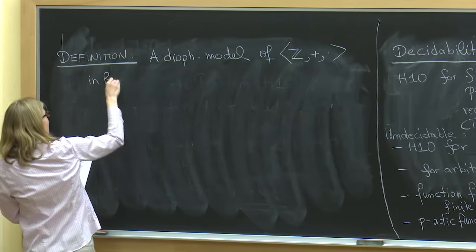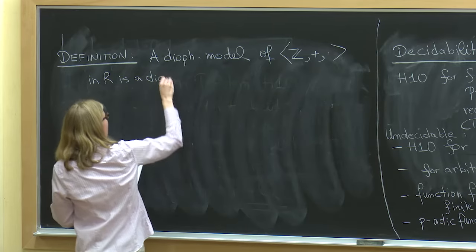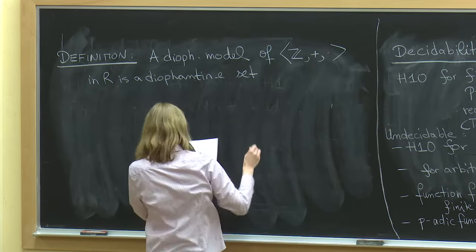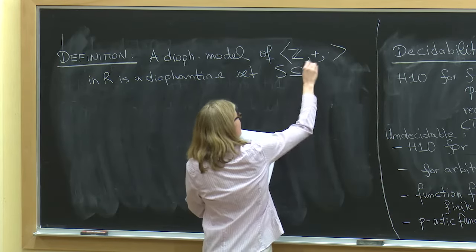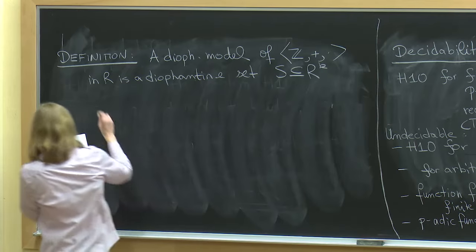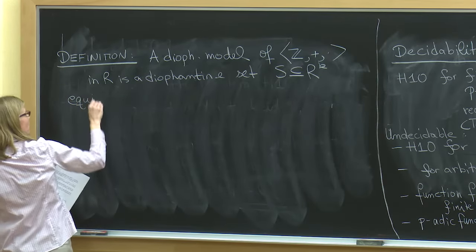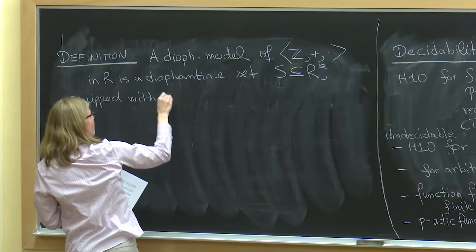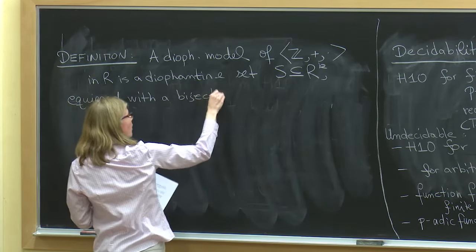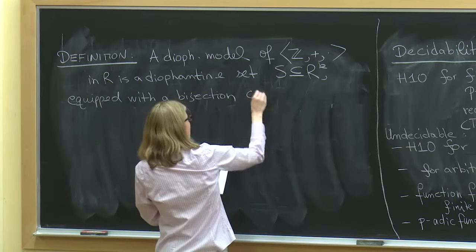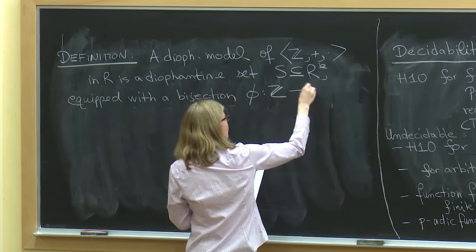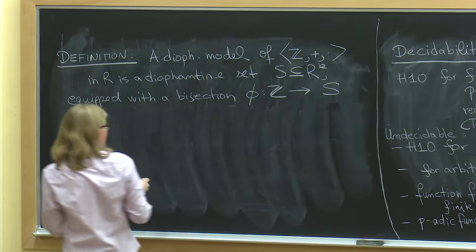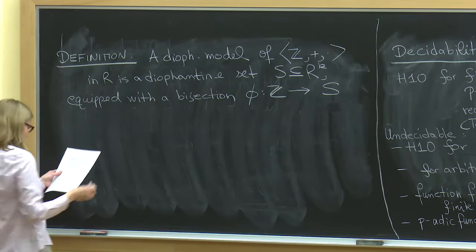In a ring R, it is a Diophantine set S that sits in some Cartesian product of R, and that comes equipped with a bijection phi from the integers to the set S. So it's just a set in bijection with the integers.